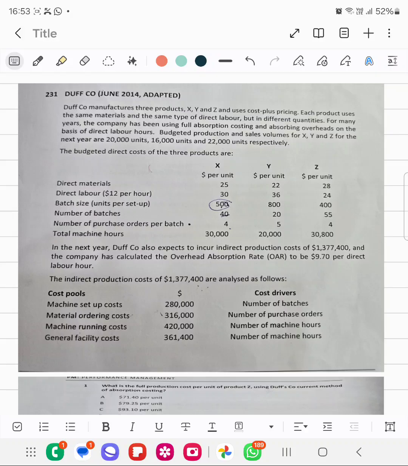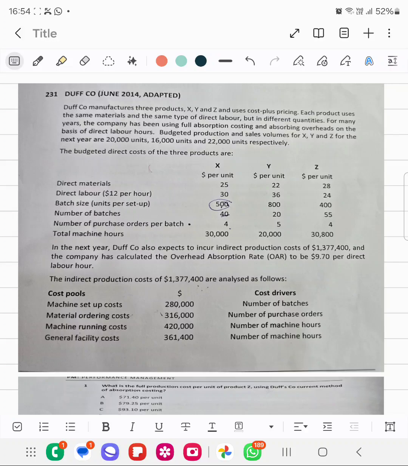Okay, so the budgeted direct costs of the three products X, Y, and Z have been given: direct material, direct labor, batch size, number of batches, number of purchase orders per batch, and total machine hours.